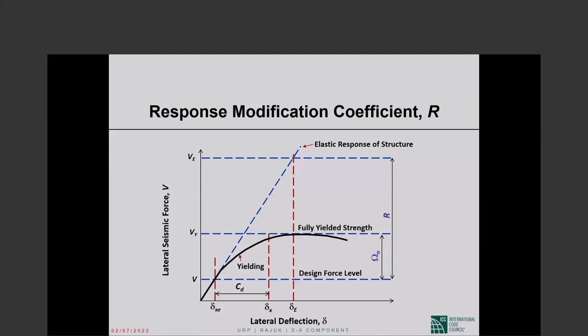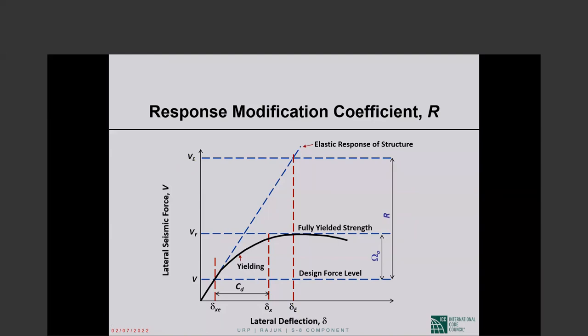Okay. Now, this line shows hypothetical elastic response. If our structure were to respond elastically to the design earthquake of the code, it would have developed a force equal to V sub E and would have suffered a displacement, total displacement equal to lowercase delta sub E. Okay.